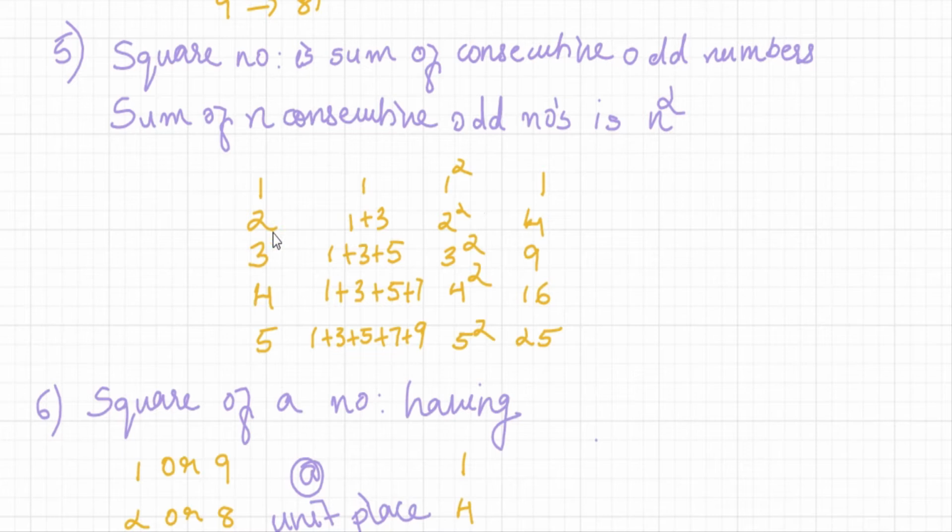Now 2 means 2 consecutive odd numbers, 1 and 3. So it will be the sum of 1 plus 3. 2 square is 4. Let n be 3. So 3 consecutive odd numbers, 1 plus 3 plus 5. Now 3 square is 9. That is, 5 plus 3 plus 1 is 9.